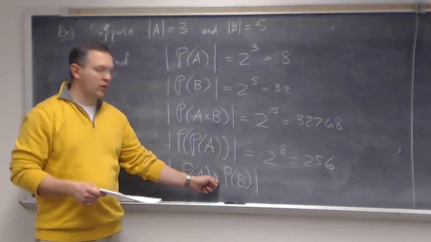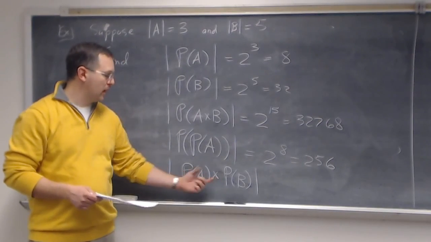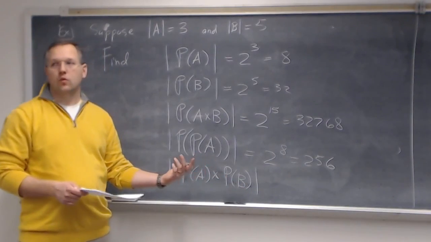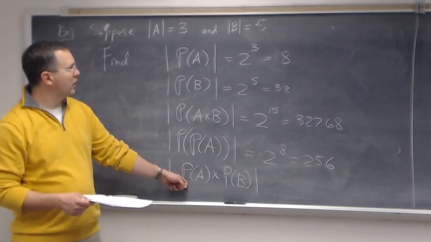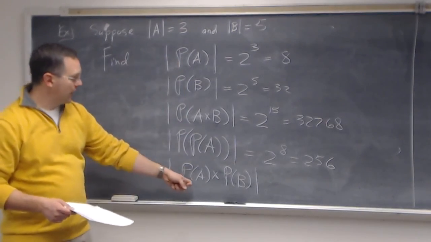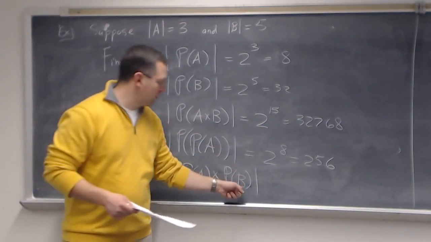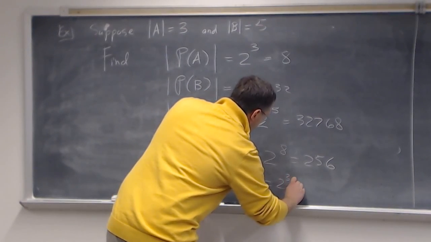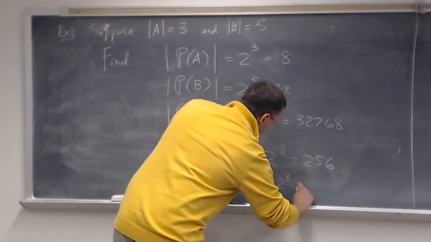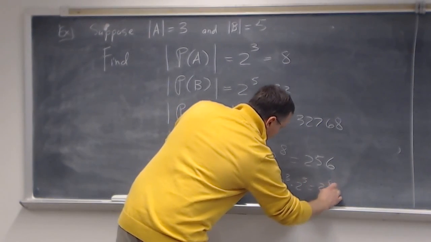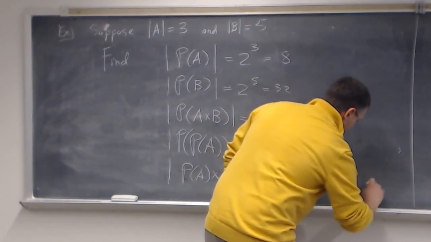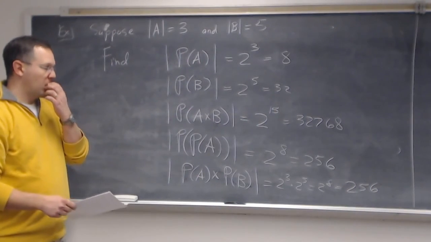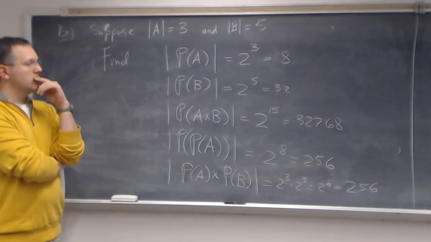For a Cartesian product, you just take the elements of this set times the elements of this set, and that gives you the size. There's 8 elements here and 32 elements here. So you think of it this way: 2 cubed times 2 to the 5th, so it is 2 to the 8th, or 256.